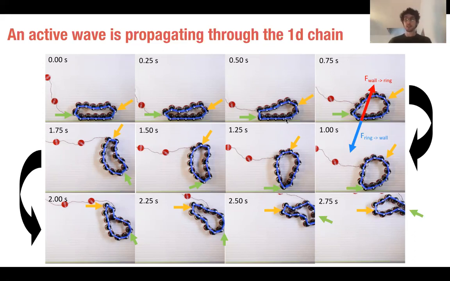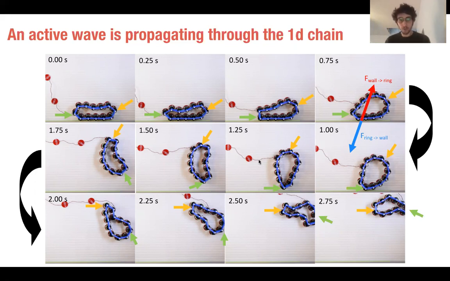But there is much more than that here, because as the object bounces away from the wall, there's something that we can observe if we look at the maximum of deflection, of deformation here of our object. So the green and the yellow arrows. If we follow those green and yellow arrows, you see that basically they're moving along our circle here.